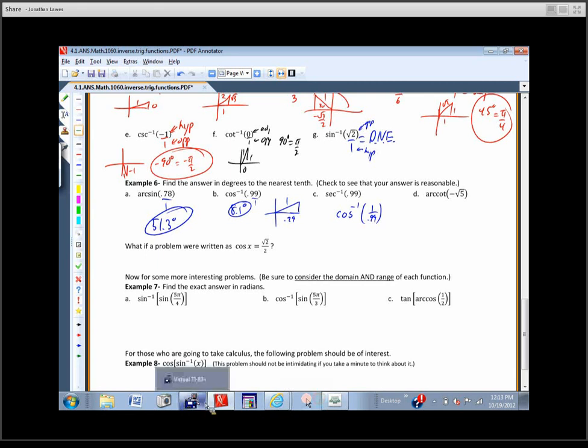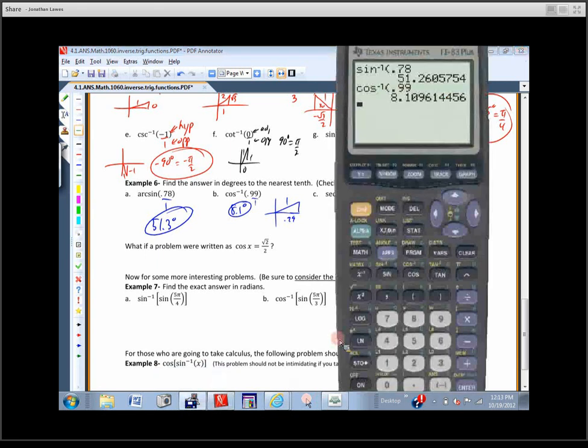Guess who's right? The people that said no, because watch what happens when I do 1 divided by that. 1 divided by a small number is a big number, right? We get a domain error, because if you flip that over, you're going to get something bigger than 1.